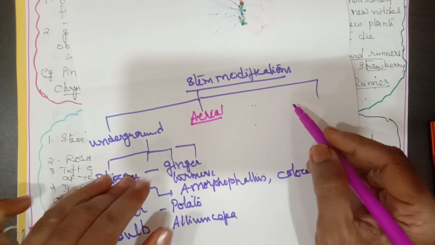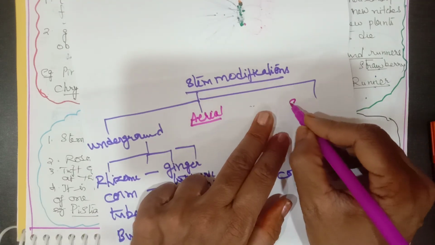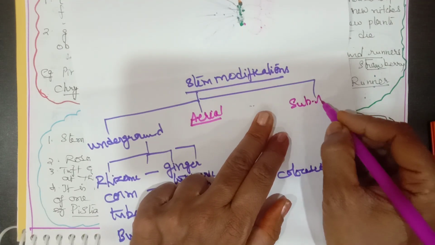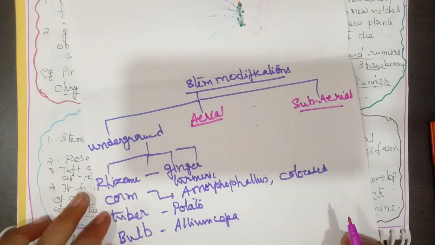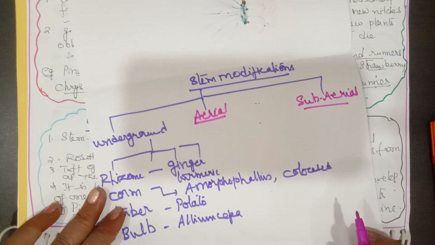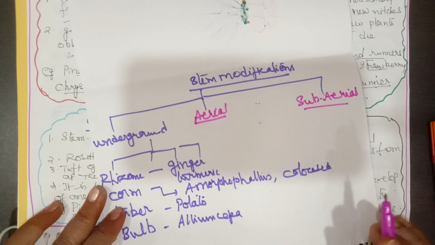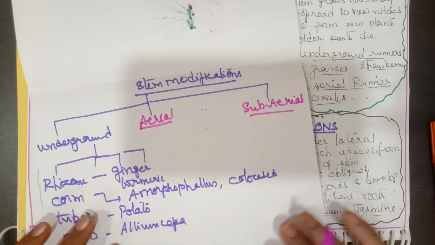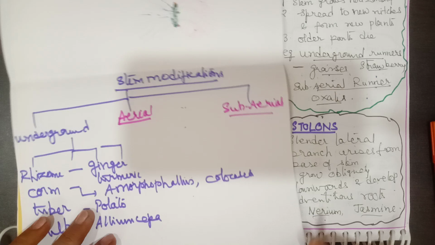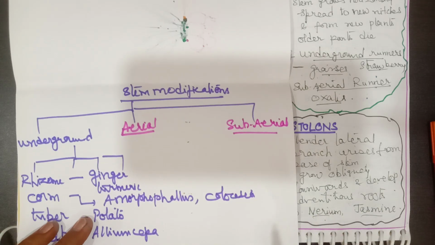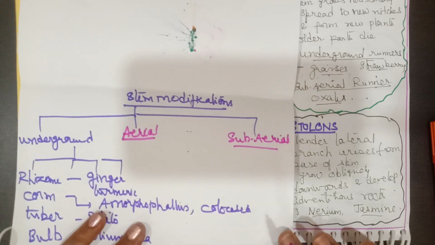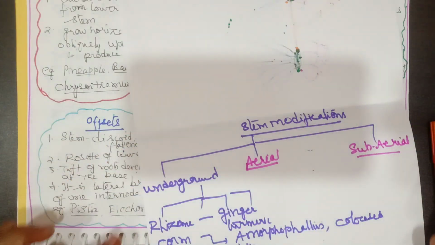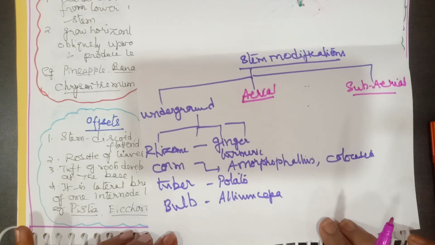Similarly, subaerial modifications, we have done 4 types: runner, stolon, sucker, and offset. For runner, we have given the examples: grasses, strawberry, and oxalis. And then stolons: nerium and jasmine. That way, if you prepare all this in one place, you can easily study.